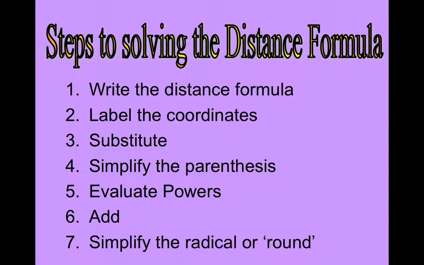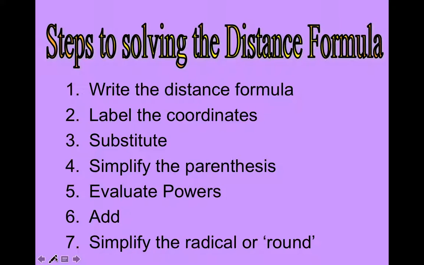Here are some steps to setting up and solving the distance formula. First of all, write the distance formula. If you can't remember it, or you know it's something you need help with, then write it down. The next thing you want to do is, if the coordinates are not already given to you, label them. Then you want to substitute what your coordinates are.